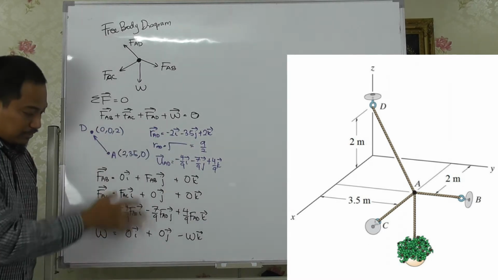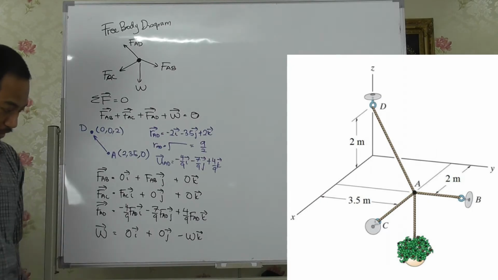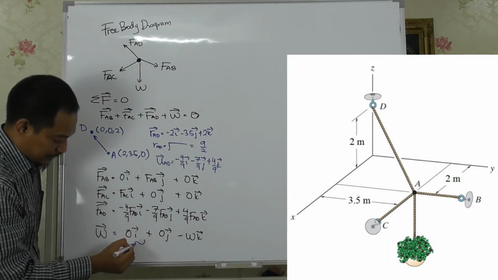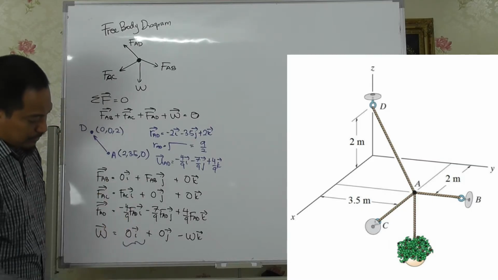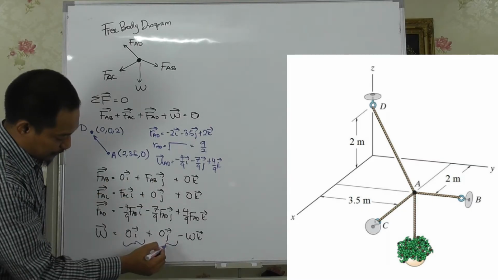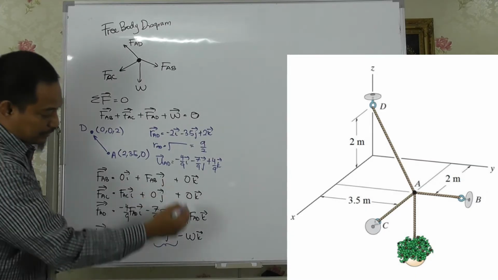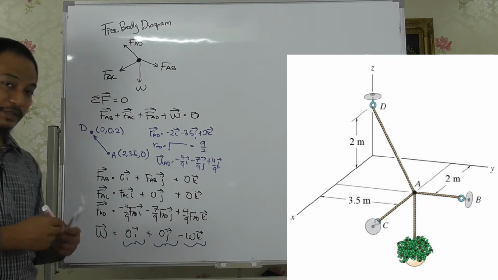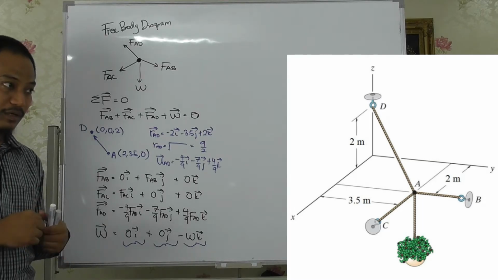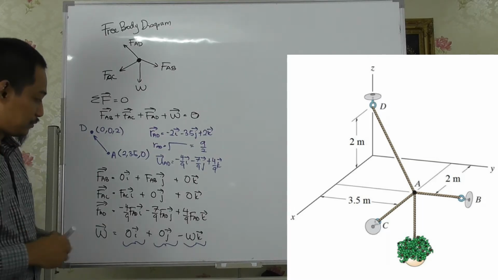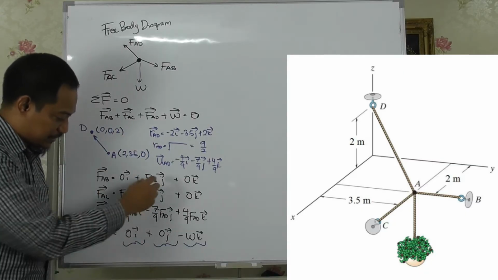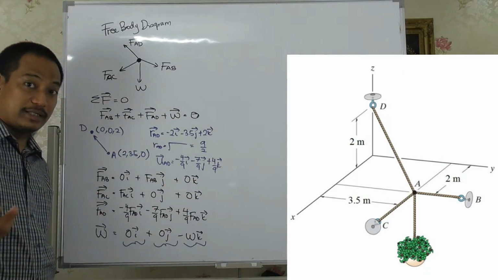So you add all of this equal to 0. If you take the summation of Fx equal to 0, you are just adding all of these up. If you take the summation of Fy, you're adding all of these. If you take the summation of Fz, you have all of these, right? This is where it helps if you make it a habit to write everything in a systematic manner, so it's easy to see and easy to check in the exam, right?